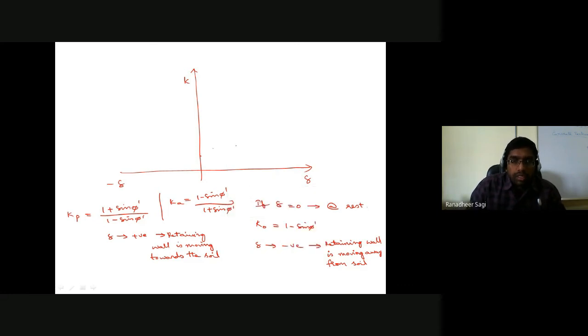Yeah, this point corresponds to the K0 condition. So for some maximum amount of displacement away from the retaining wall at which the failure is getting initiated in the soil, this is nothing but 0.001 H, if you can recall.